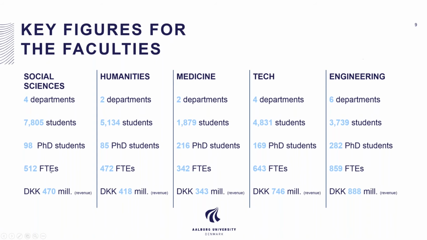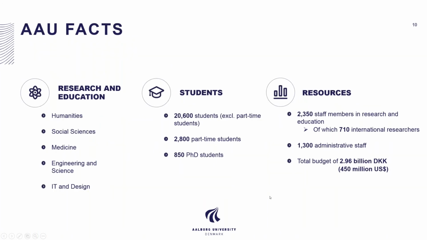We have different faculties where we are part of the engineering faculty with 3,800 students, 6 departments, almost 300 PhD students. So rather large department and almost 900 full-time employees. In total, it's a relatively large university for Denmark, but I know globally might be small.